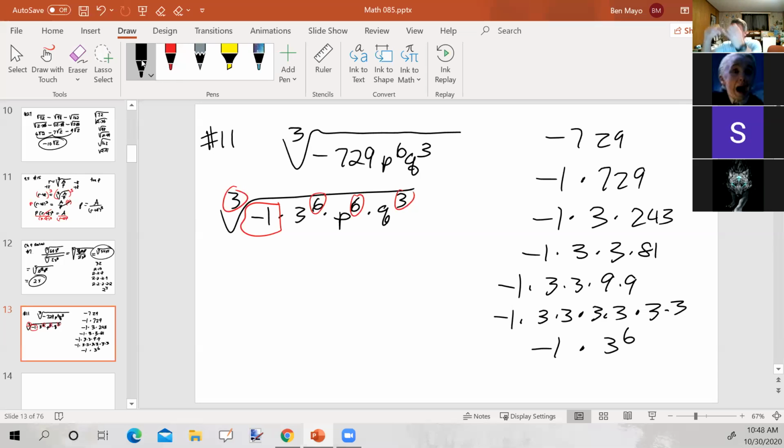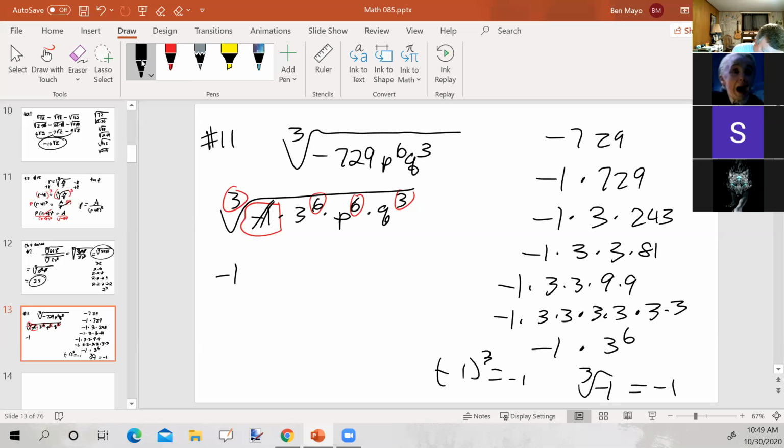Or better yet, what's negative 1 times negative 1? That's 1. Times negative 1 is negative 1. So negative 1 cubed is negative 1. What's the cube root of negative 1? That's also negative 1. How fun is that? Okay, so the cube root of negative 1 is a negative 1 outside the radical.